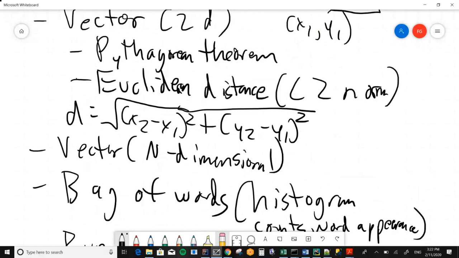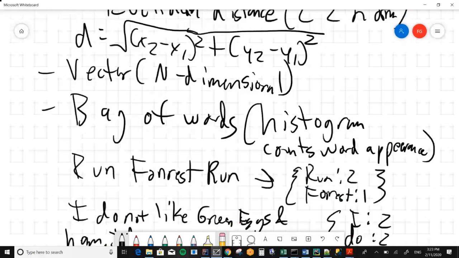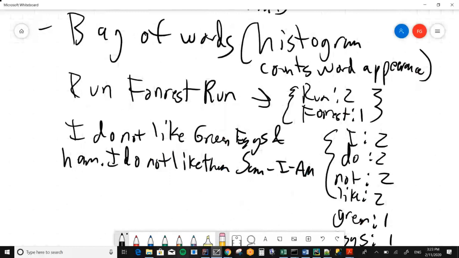The importance of the square root in general is that it gets the units right. Let's say x and y are in meters. If I subtract my x's and square it, I'm now in square meters. Same thing here. But if what I really want is meters, I need to take the square root. Doing these distances, it just doesn't really matter, because all that we care about is the relative ordering. And so it's pretty common to skip taking the square root.